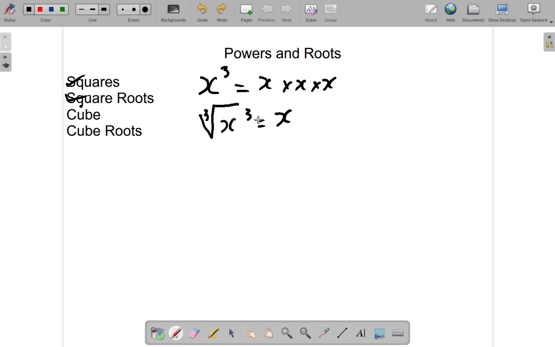When you put 3 of them together and you multiply them, you get the original number. So if you have x cube, you put these 3 numbers together to get it. So therefore the cube root of x must be one of these numbers written down.